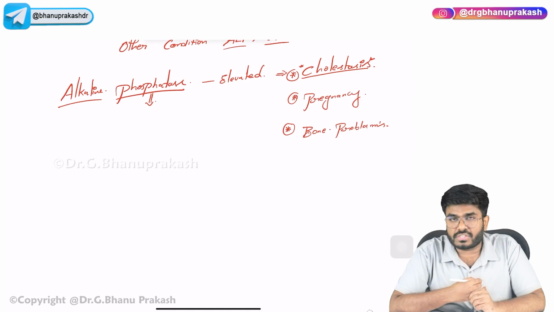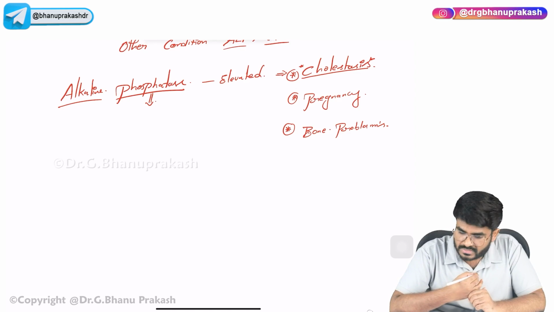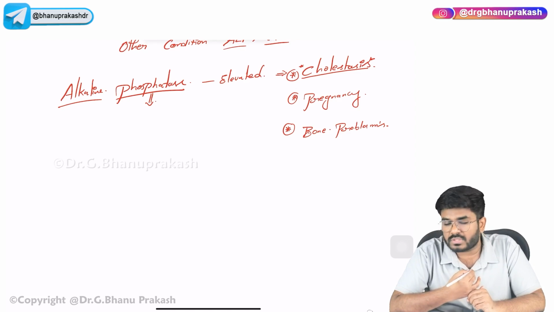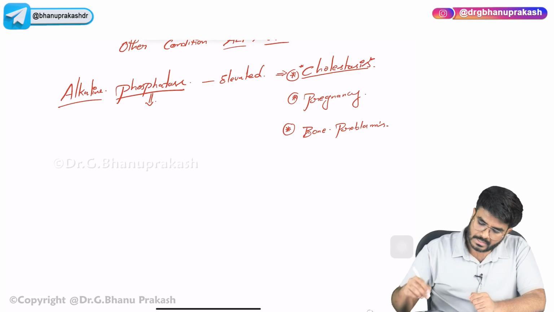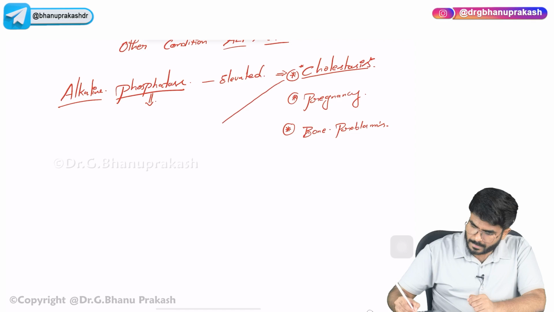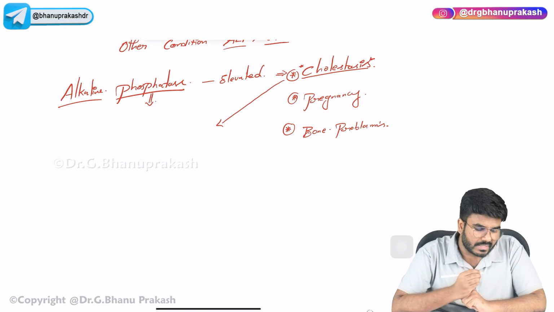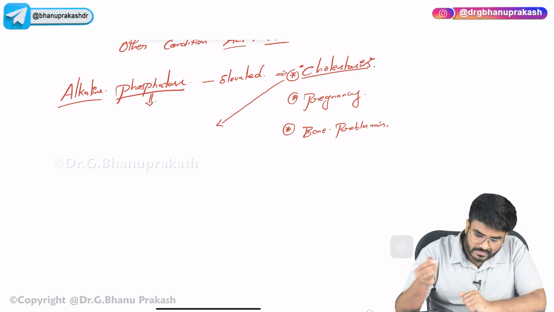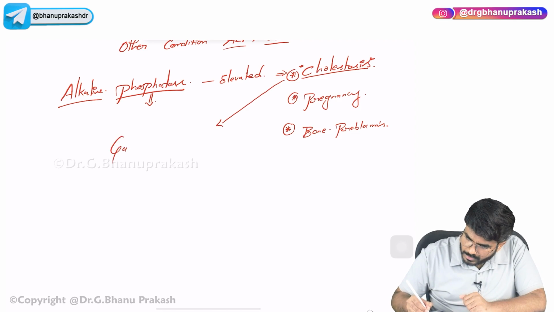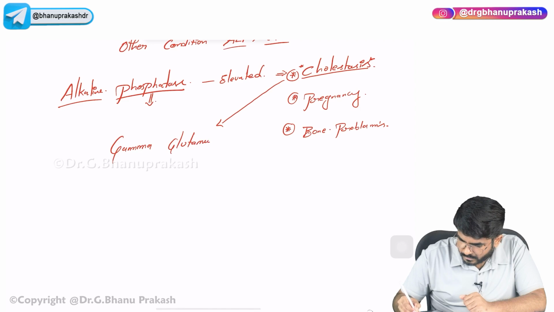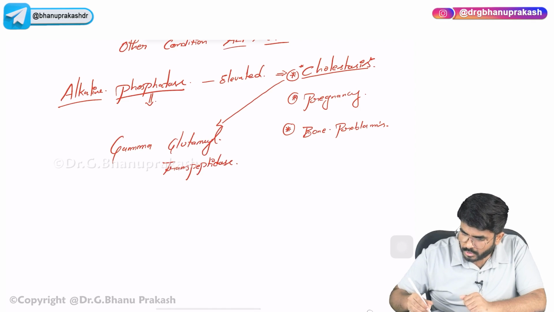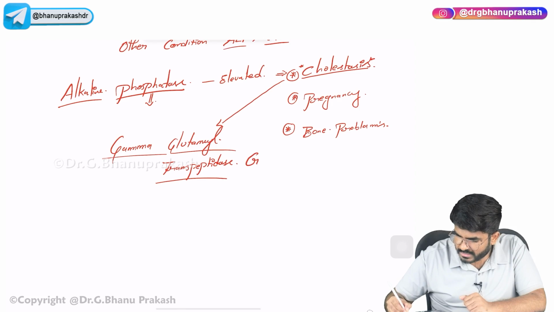So how do we distinguish that the rise in alkaline phosphatase levels is due to cholestasis, not due to some bone problem? How to differentiate is, in cholestasis, there is an enzyme called gamma glutamyl transferase or transpeptidase, which is simply called GGT.